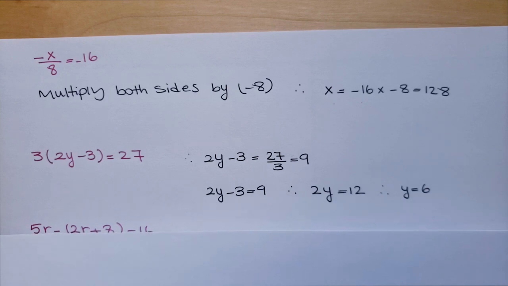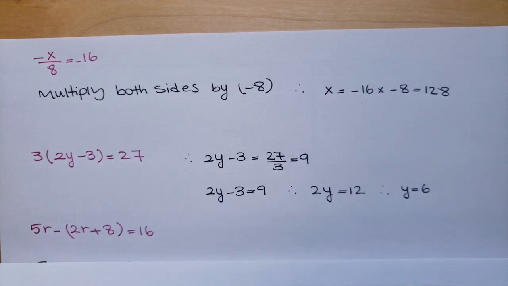So if you can simplify without starting to solve the equation, if you can simplify by a constant or something, do so. Here, the equation turns into 2y minus 3 equals 9. I have to isolate the y, so I add plus 3 to both sides and then divide both sides by 2 to get y equals 6.